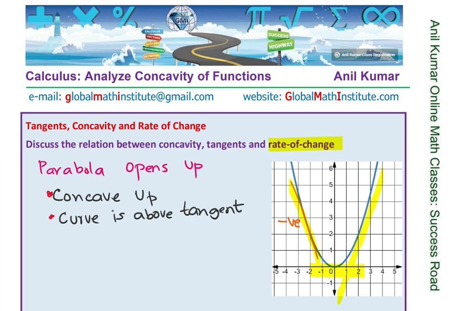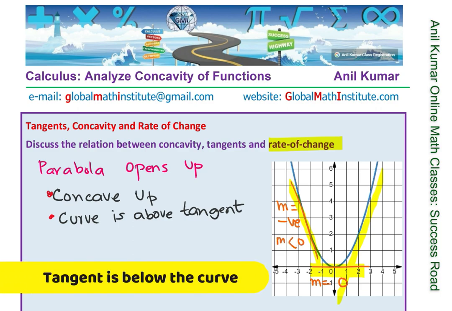And right in the center where we have a turning point, it is 0, right? So let me write m equals 0 here, and m is negative means m is less than 0, right? But on the right hand side, if I draw a tangent to the curve, we see it is a rising line, and so the gradient is greater than 0.